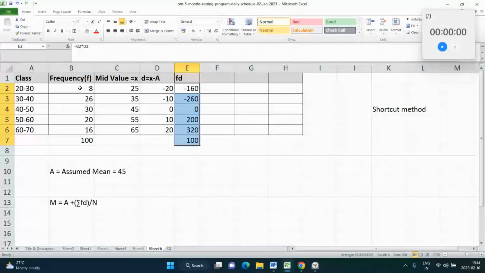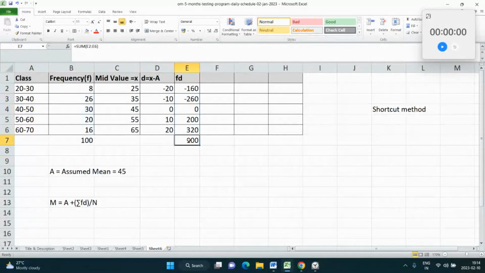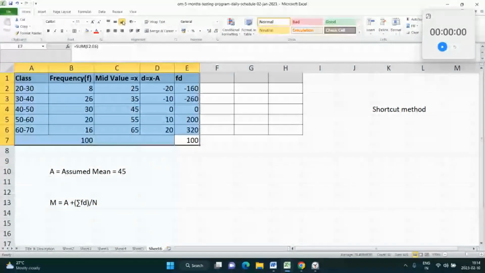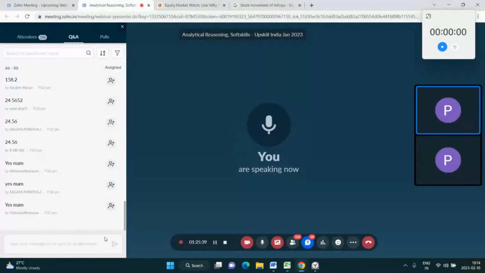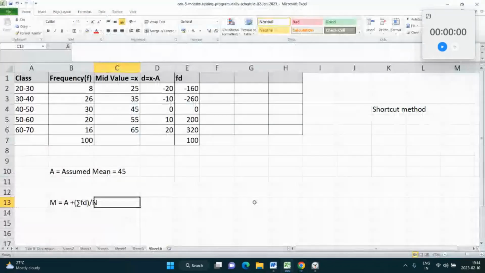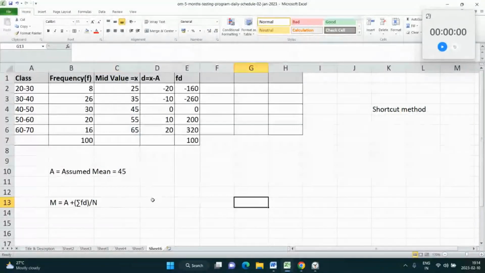I now have this. What is n? Yes, children. What is n? N is the same. N is the sum of the frequency.